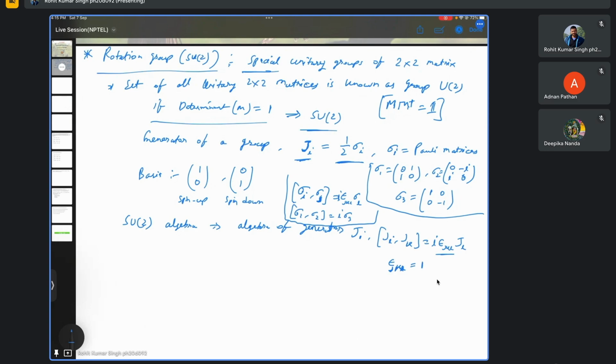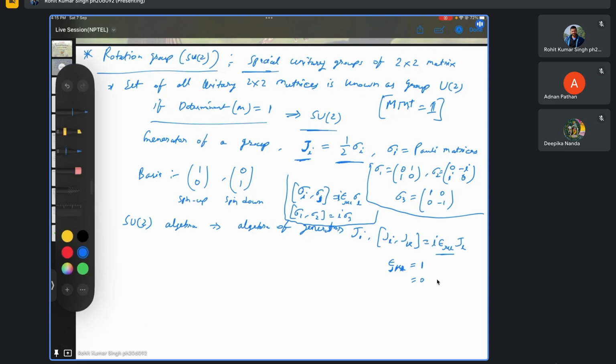It is one when j, k, l are in a consecutive cycle, so if j is 0, k is 1 and l is 2, then it will be 1. Otherwise, if they are in a different order, you will get 0. This is its property. I don't know if you all know this. Are you familiar with this?